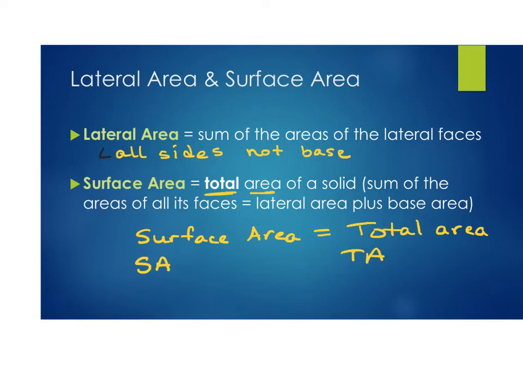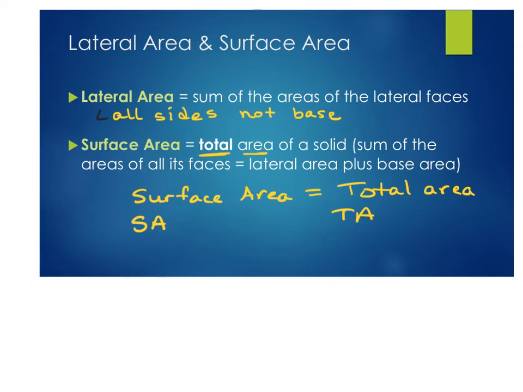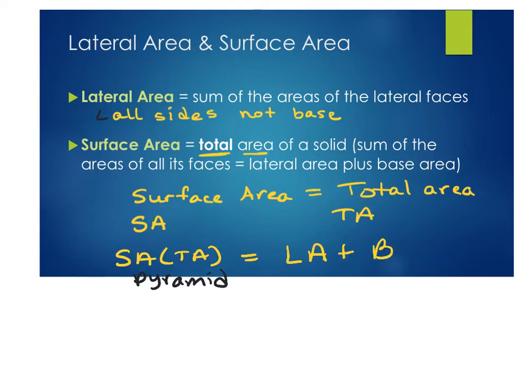So to calculate the surface area or total area of a pyramid, the way that we'll find that is we're going to take the lateral area, the area of all of the sides, or all the lateral faces, plus the area of the base.